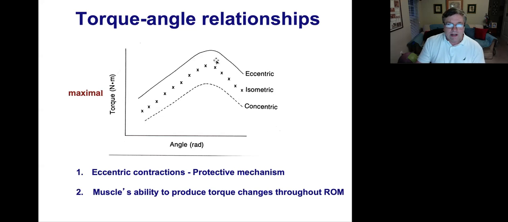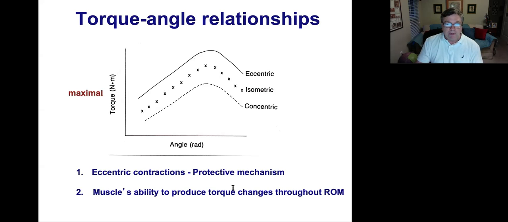So again, closer to 90 here, closer to 0. When I say closer, it won't be like 2 or 3 degrees, but the idea is that the angle of pull gets smaller, and as it gets smaller and we resolve that vector, a lot of that force is going to go towards producing stabilization at the joint, especially when there's a co-contraction. So eccentric contractions are a protective mechanism for joints and bones.